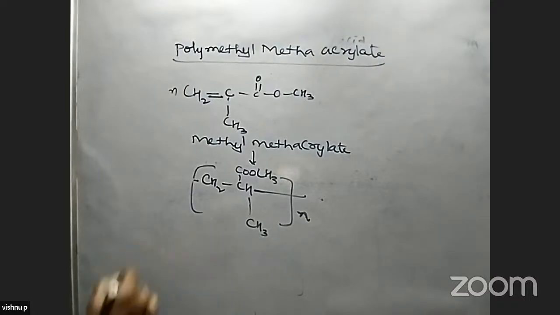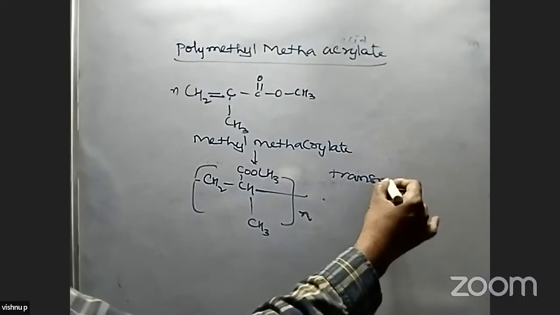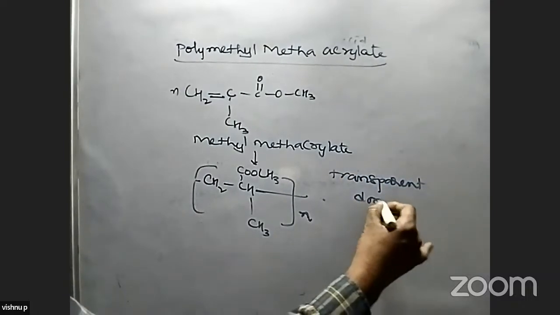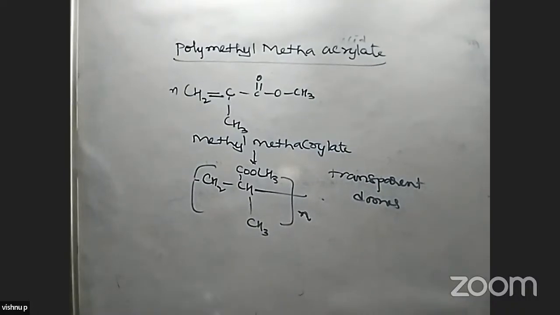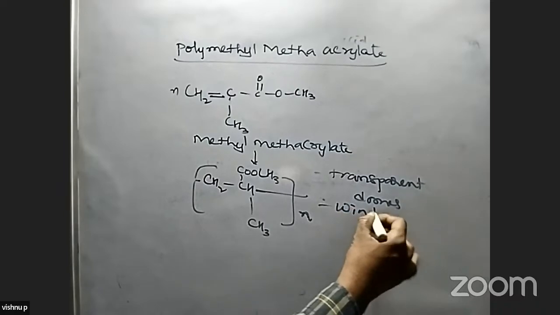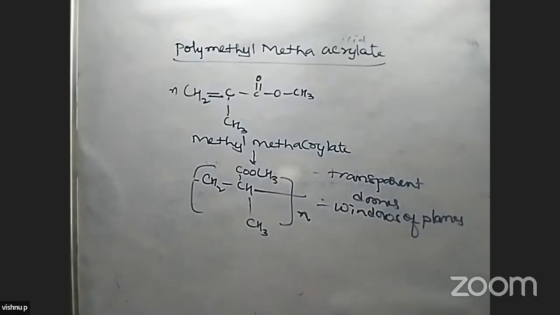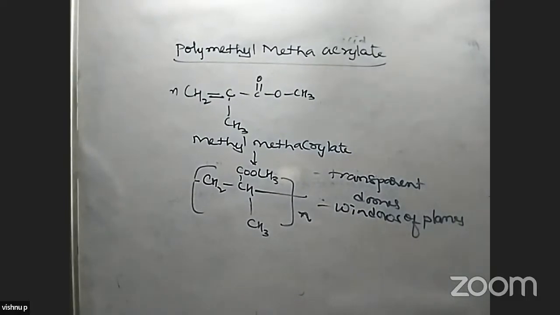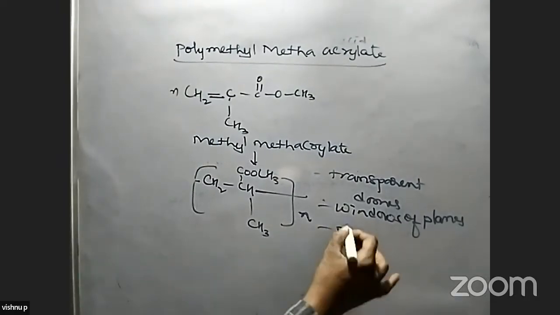So what is the use of this methyl methacrylate? It is used in transparent domes, and also in the glass industry, and windows of planes also. The commercial name for this is plexiglass.